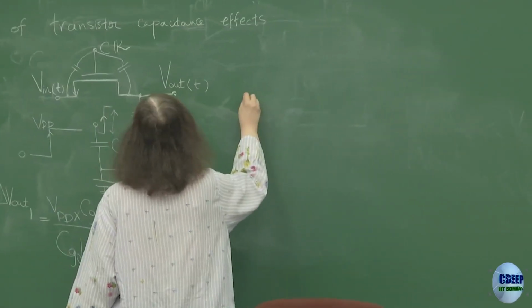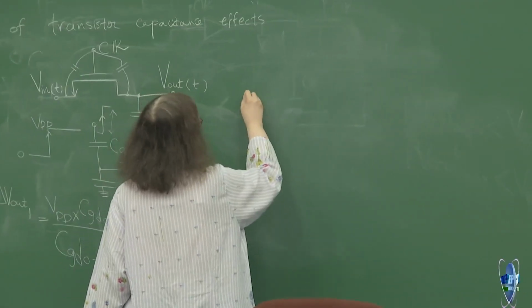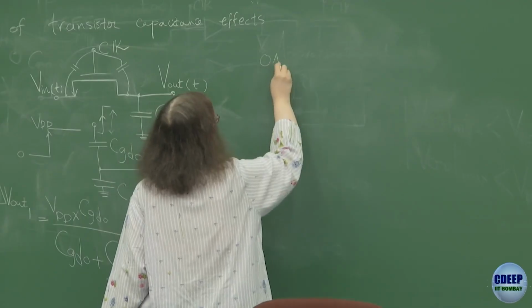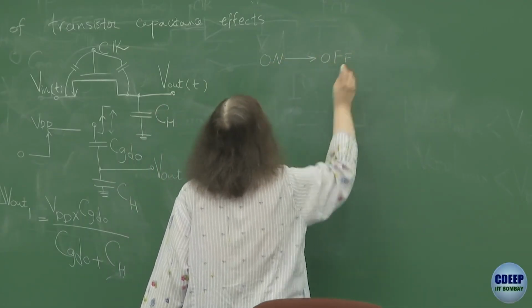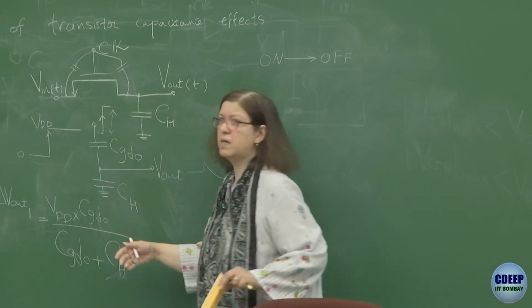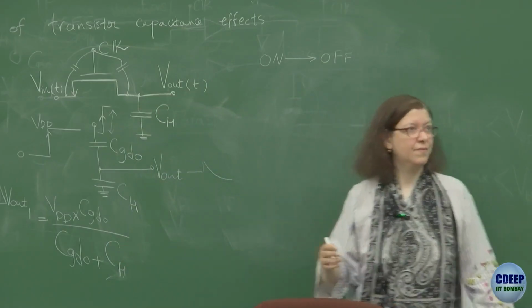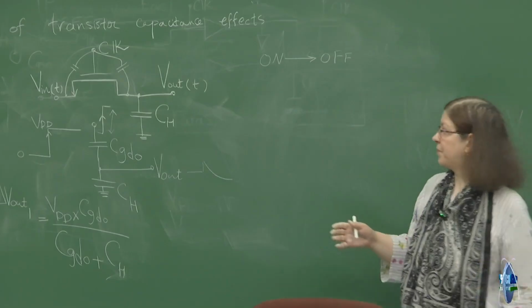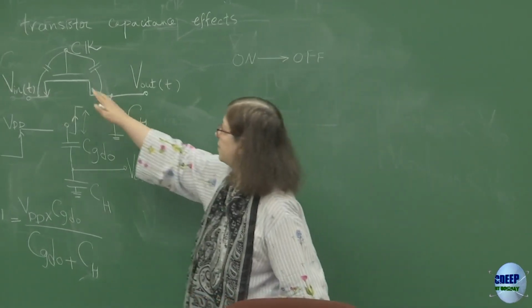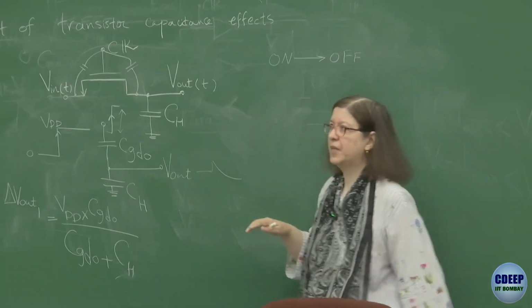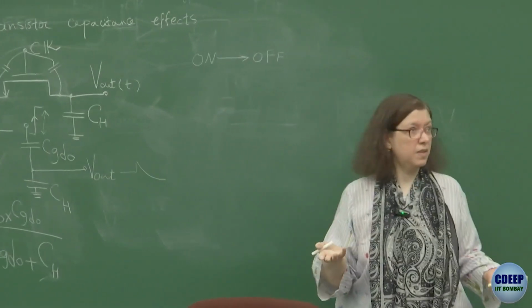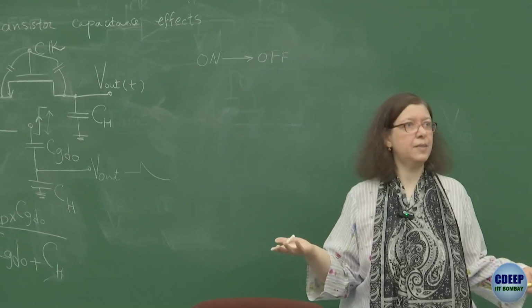So now, when the transistor actually wants to transition from on to off, there are two things here. One is the clock, and one is this capacitor, which was effectively between gate and channel. What is stored in the channel? Charge, right? It's a capacitor.